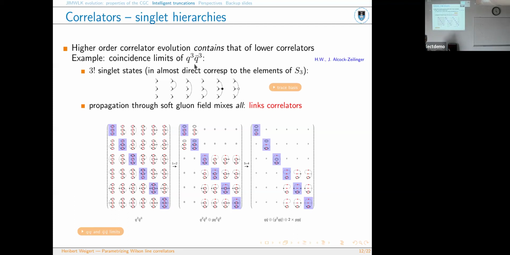Well, once I have written my parameterization in terms of, say, 4-point functions, then I don't need the rest. Then this is enough. If I want to go to 5-point correlations or 6-point correlations, then I need more of those.